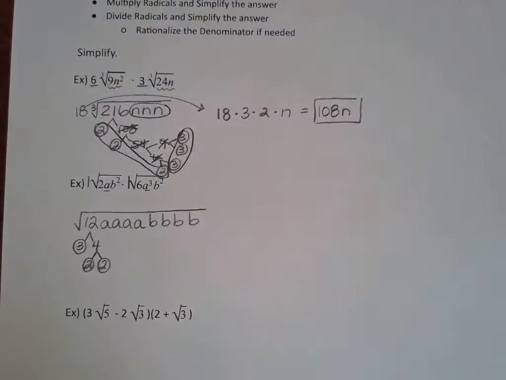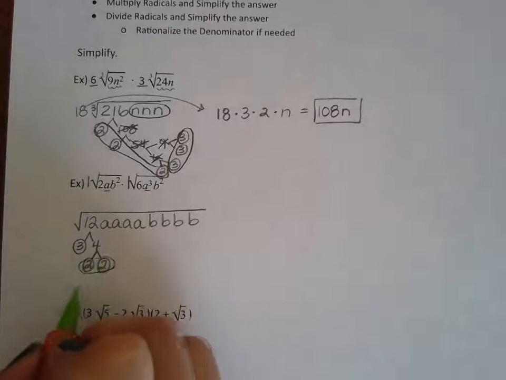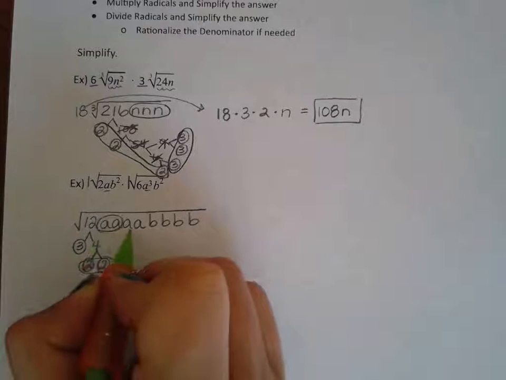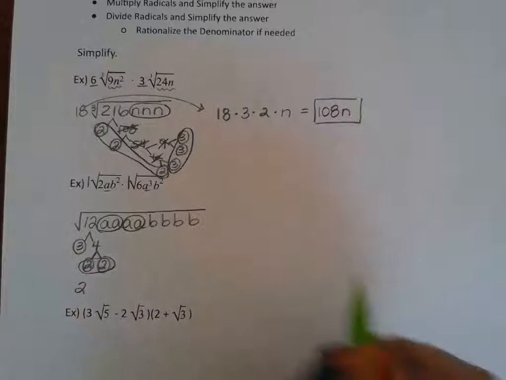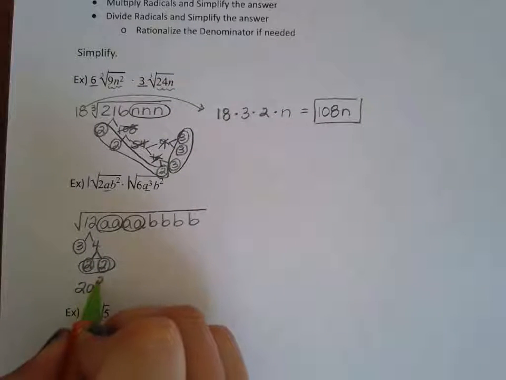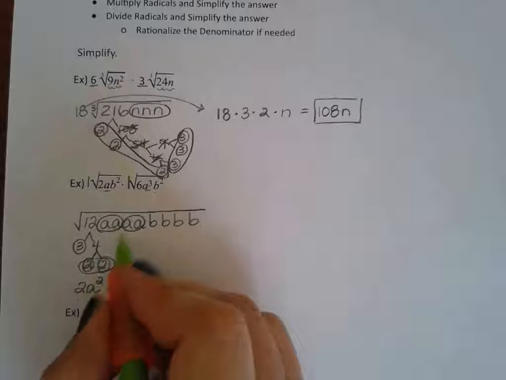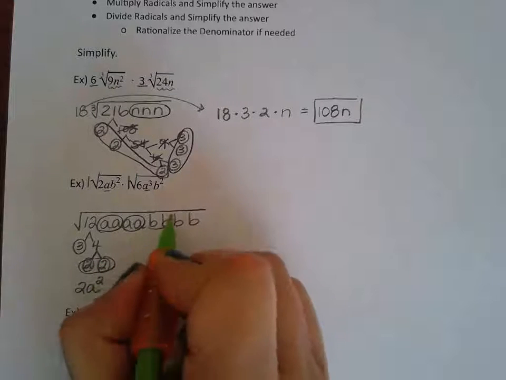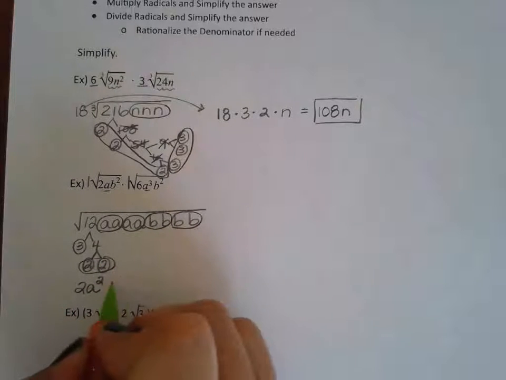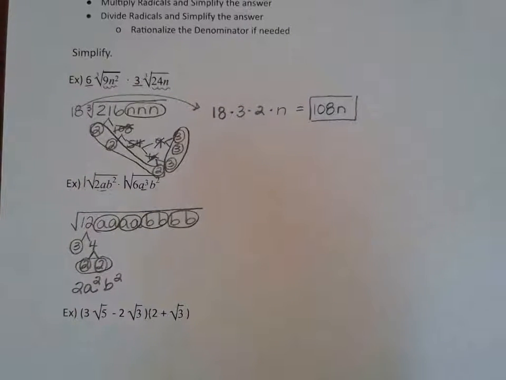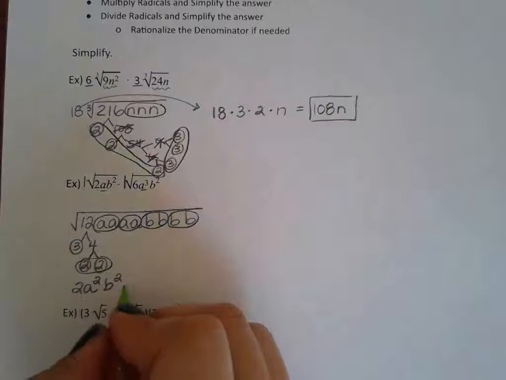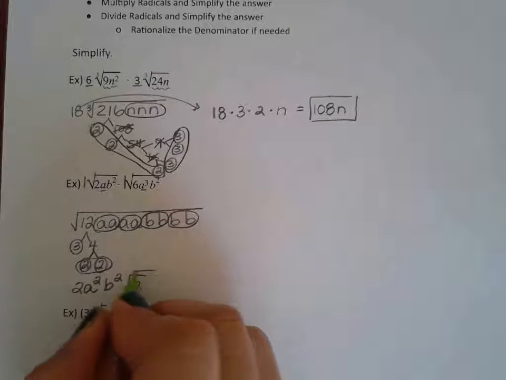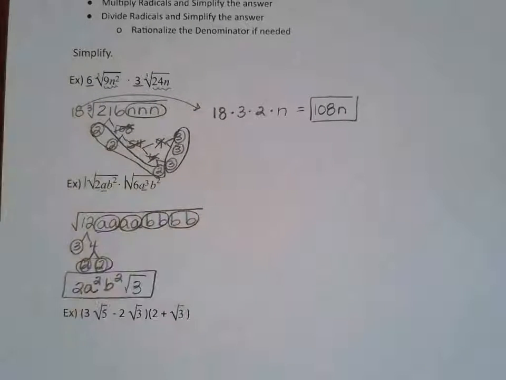We are doing groups of 2, so a 2 can come out. I've got groups of 2's with the A's, so that'll be A squared, 1A from here and 1A from here. And then B squared. Do I have anything left over? Yes, I do. I have a 3 left over, so it'll be radical 3. And that's your answer for that one.